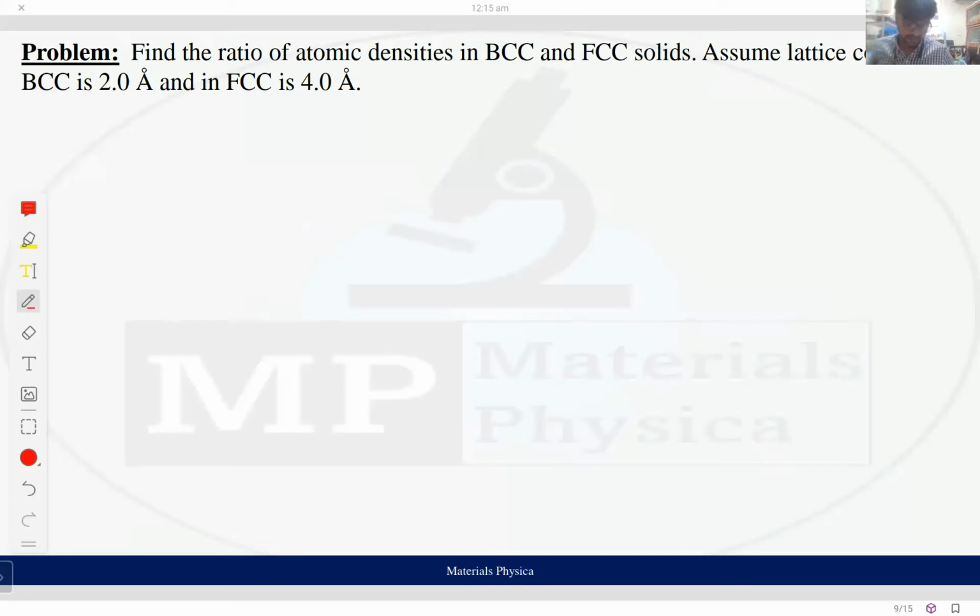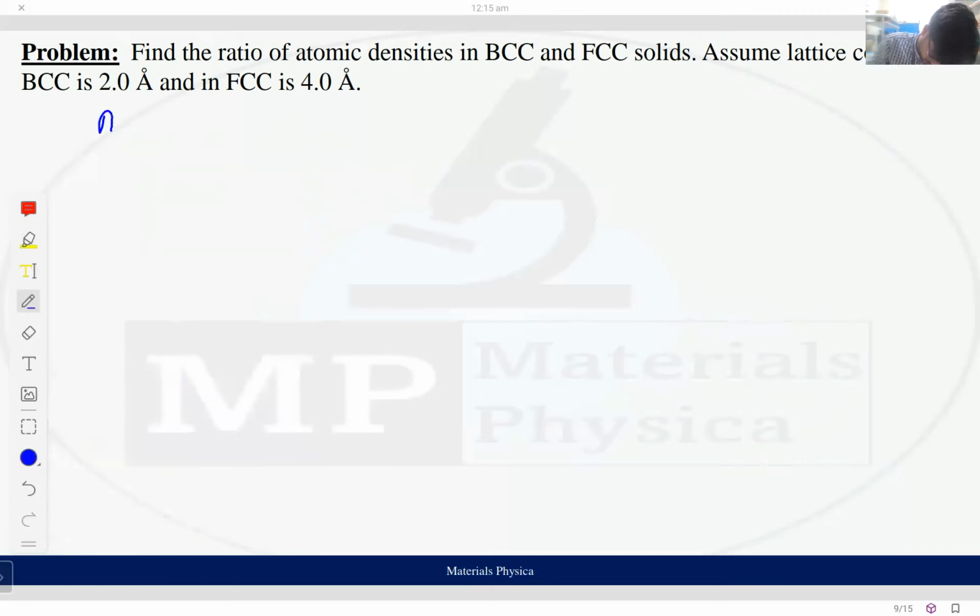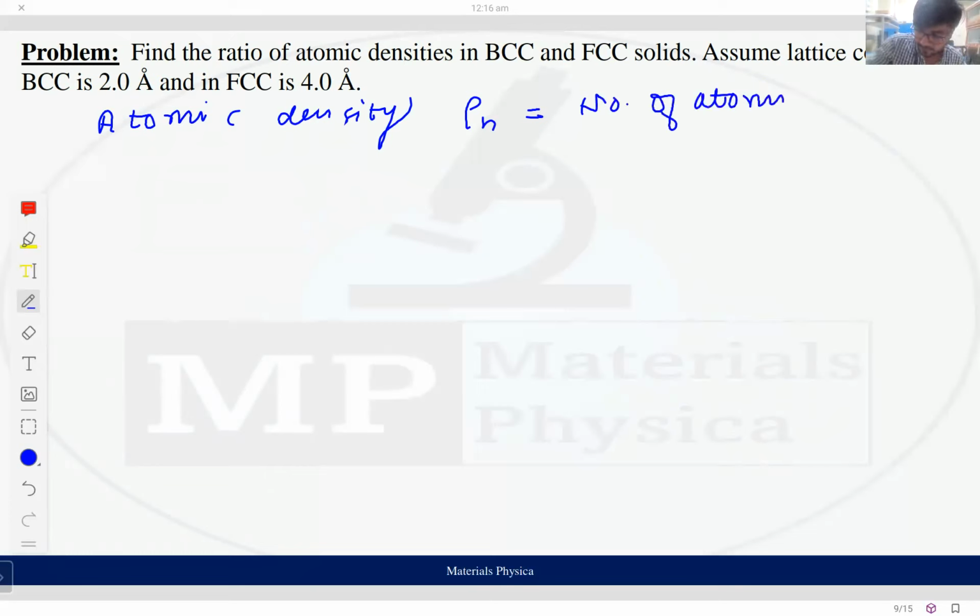The formula for the atomic density, rho n, is equal to the number of atoms per unit cell over the volume of the unit cell.